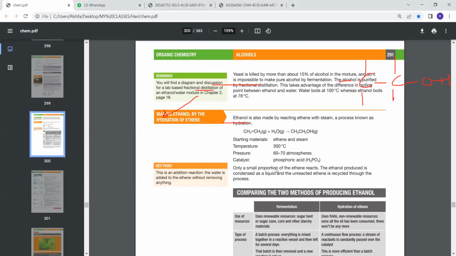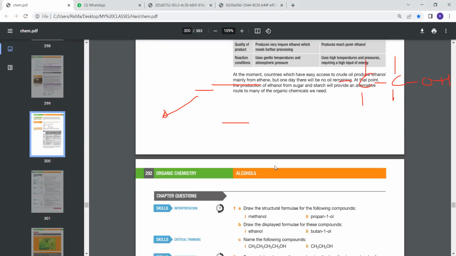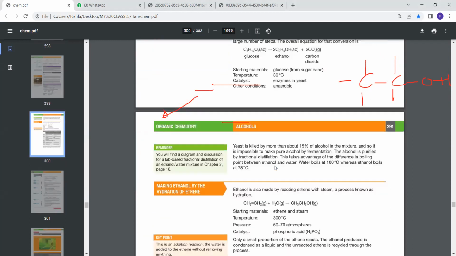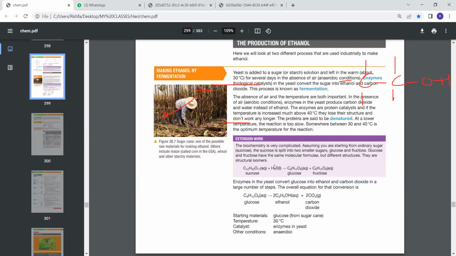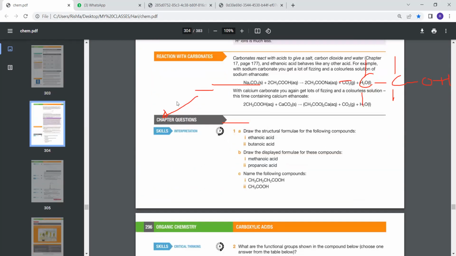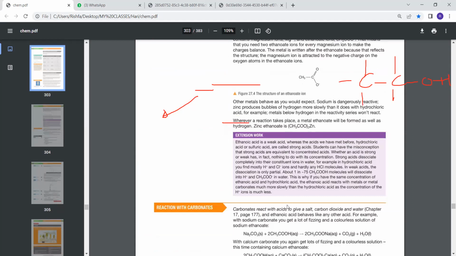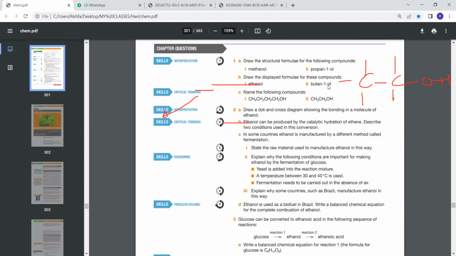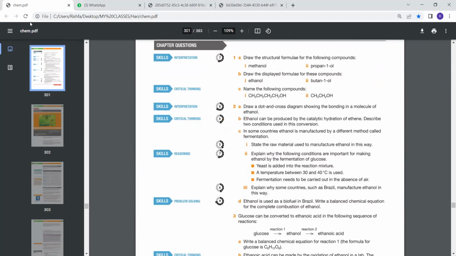So like sugar beet. Sugar beet, okay. Or glucose, sugarcane, glucose, yes. Be specific, okay? Don't just write renewable resources. And then explain why the following conditions are important for making ethanol by fermentation of glucose.